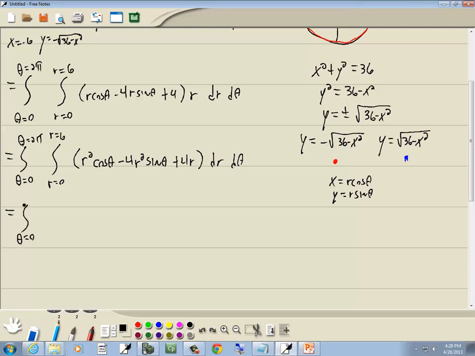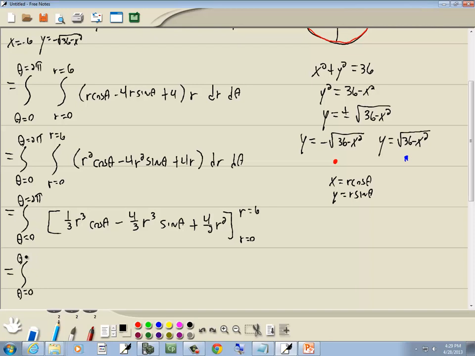Well, let's go ahead and integrate with respect to r. So this becomes 1/3 r to the third cosine theta minus 4/3 r to the third sine theta plus 4 over 2 r squared, from r equals 0 to r equals 6. Now to save time, if I plug in 0 for r, all of this is going to drop away, so I'm not going to worry about that.